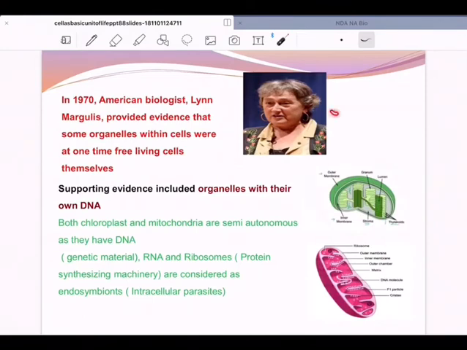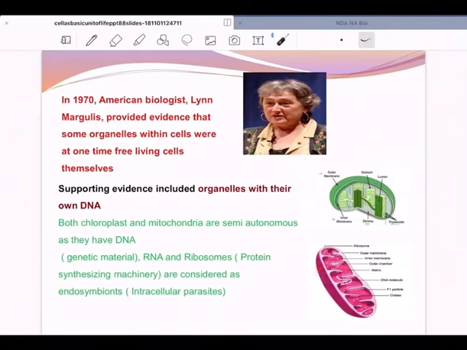And we must be thankful to this lady, American biologist Lynn Margulis, who provided evidence that some organelles within cells were at one time free-living cells themselves. They were free-living because there is scientific evidence that these have their own DNA. That is the reason why I said this will be asked in many exams: organelles that have DNA.